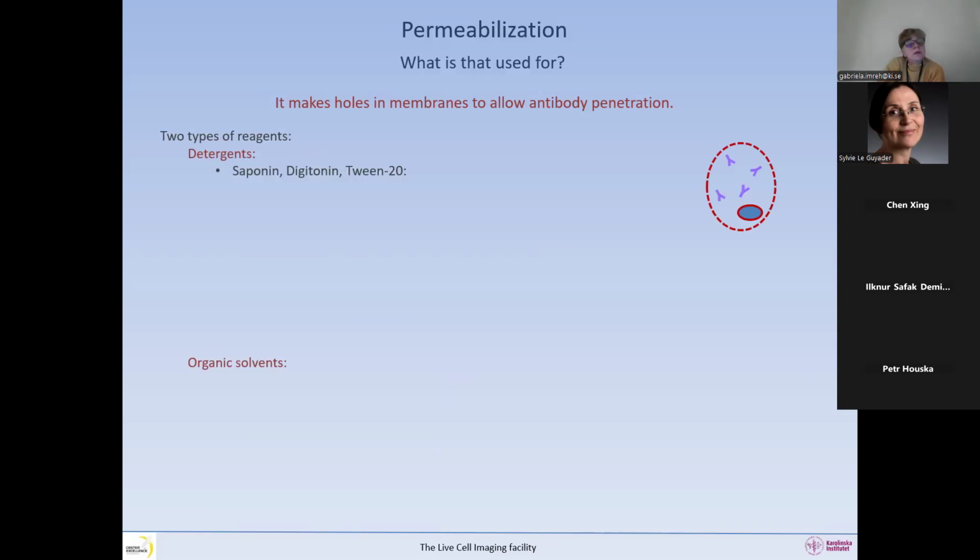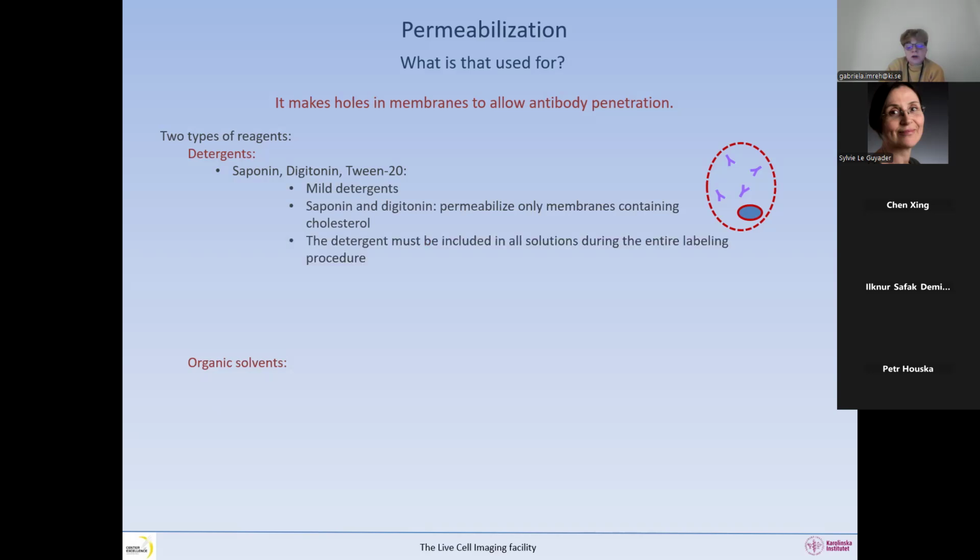In the detergent family, we have mild detergents like saponin, digitonin, and Tween 20. They only permeabilize membranes containing cholesterol. And quite often the detergent must be included in all solutions during the entire labeling procedure. We have Triton X-100 and NP-40, which belong to the much harsher detergents. They permeabilize all membranes.